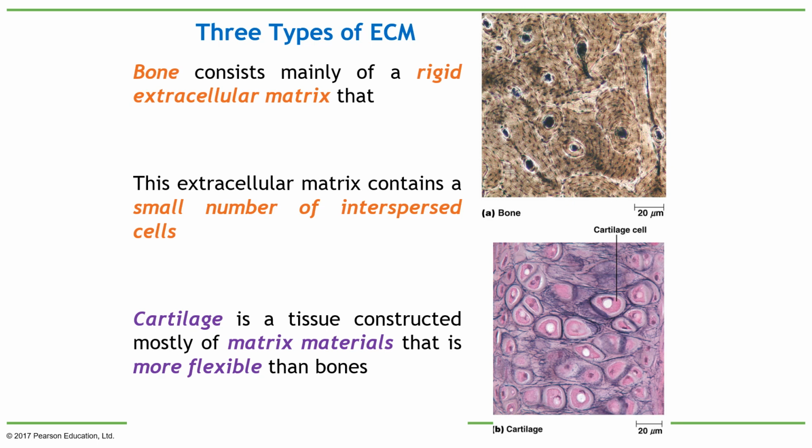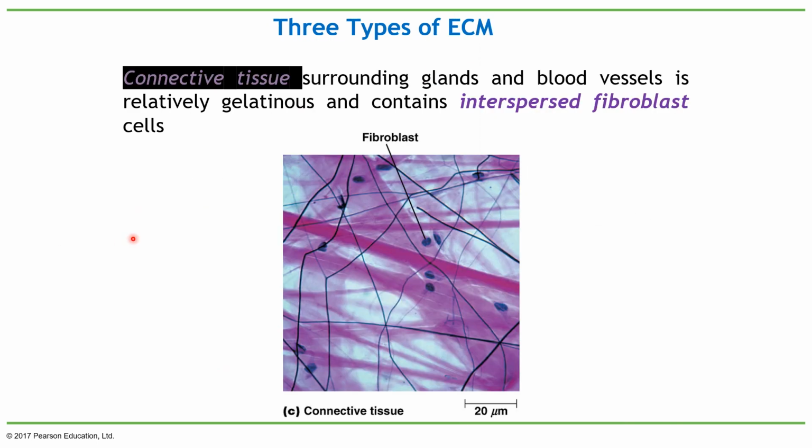And what cancer is doing is changing that extracellular matrix. Later in the video lecture, you see that if you change the extracellular matrix, bad things can happen. Here, I talk a little bit more about the connective tissue surrounding blood vessels and glands.